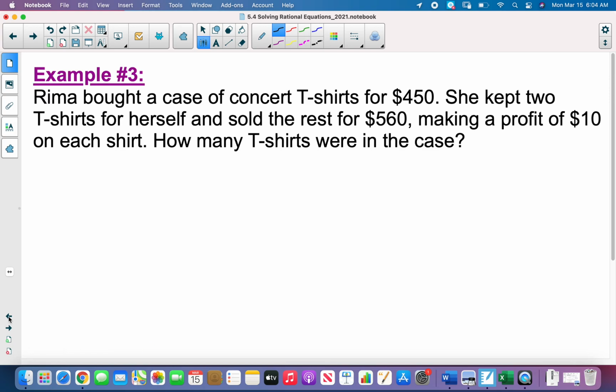So we need to have a let statement. The question's asking how many t-shirts. So let's use that to define our variable.